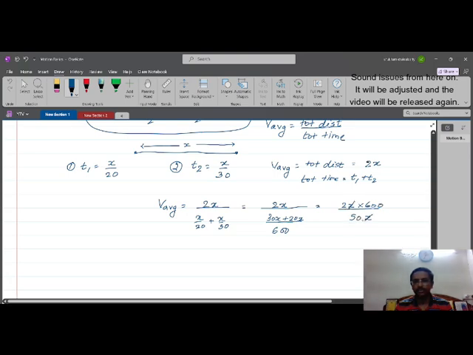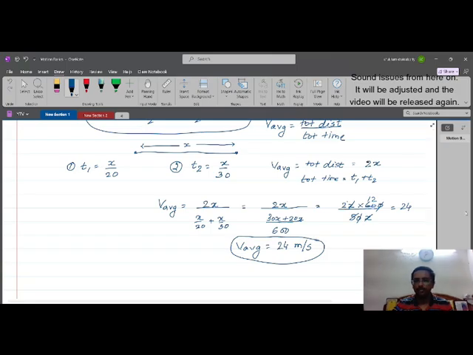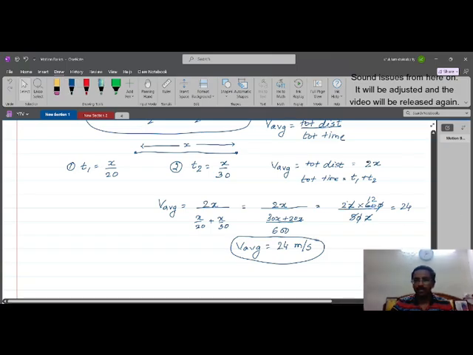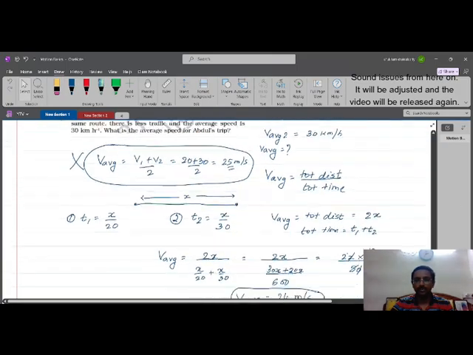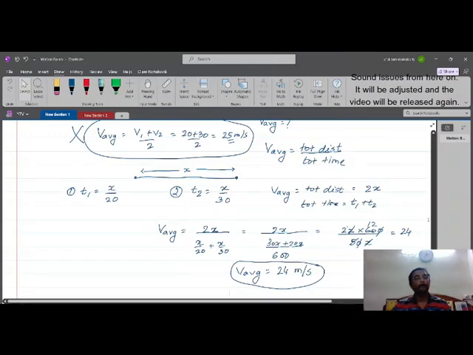So x cancels here, and we have 2x over 50x, giving 2 upon 50... 5, 12, 12 into 2 is 24. So the average speed turns out to be 24 meters per second. If you remember what we were getting using that earlier equation, it was 25 meters per second. And that would have been wrong. That would have been utterly wrong.